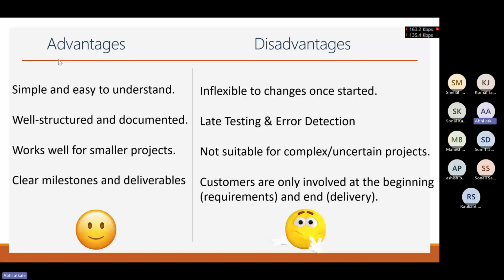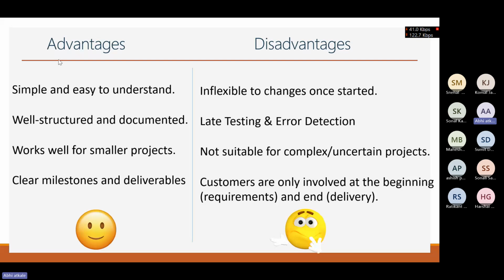Late testing and error detection. Means what? We do requirements, we analyze the product, we design and we code, right? The product is just completed, and when we are doing testing, there are some bugs, there are certain problems.